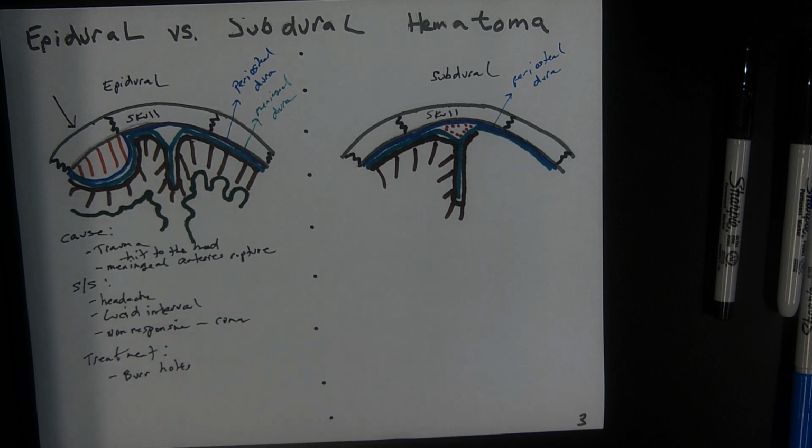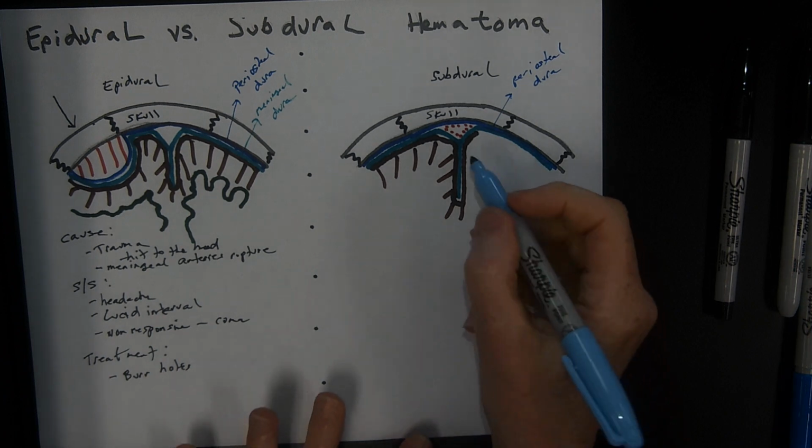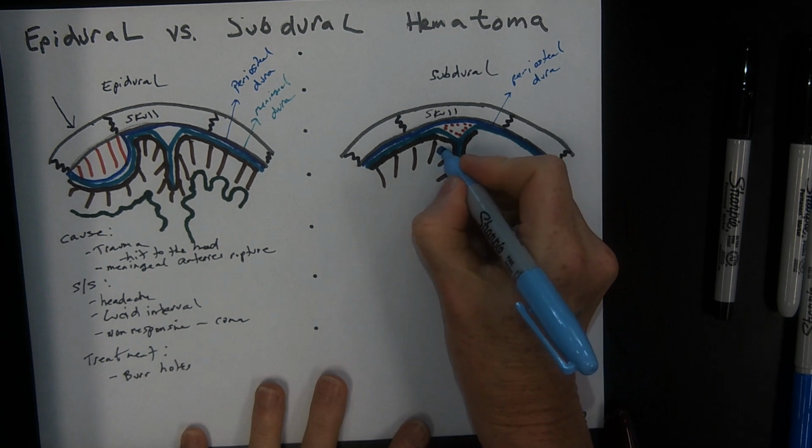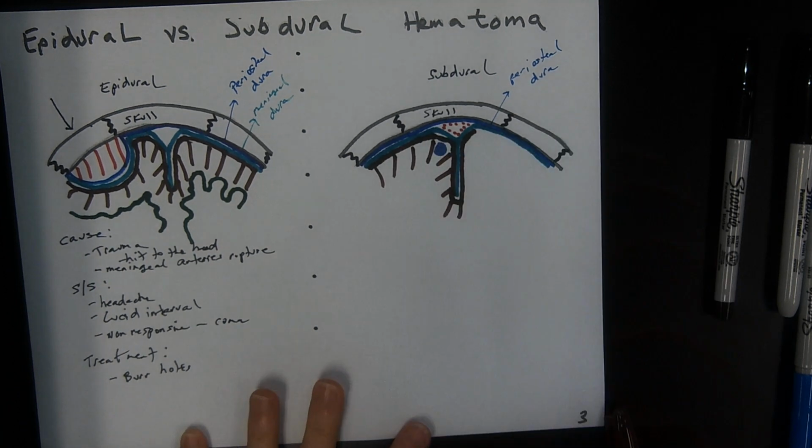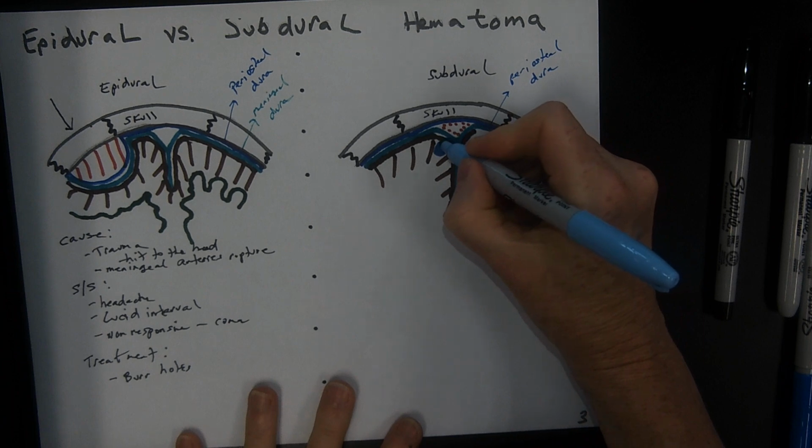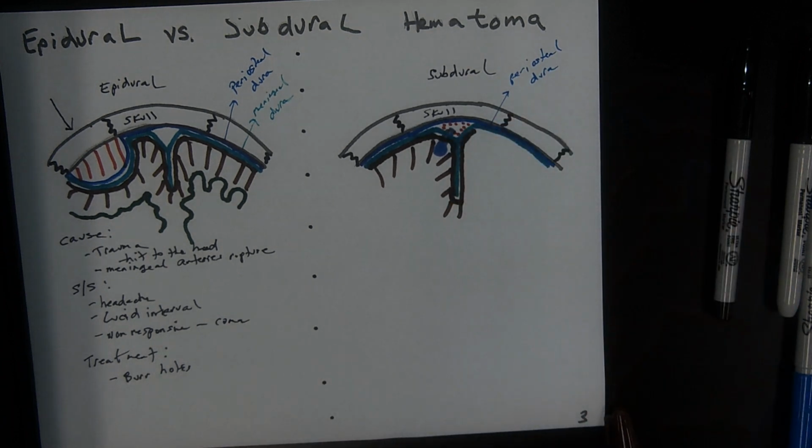We talked about that as the subarachnoid space, and the subarachnoid space, I said, has some cerebral veins here, and these cerebral veins are connected to the superior sagittal sinus by these bridging veins.